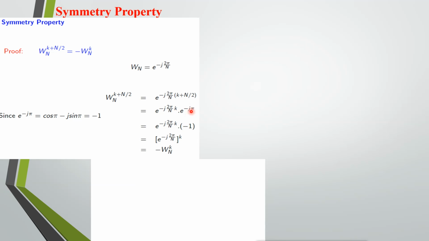N and N, 2 and 2 cancel each other. You will get remaining e to the power of minus j 2 pi divided by N into k. We know the value for e to the power of minus j pi is cos pi minus j sin pi equal to minus 1. Substitute the value here so that we will get minus W of N raised to k.